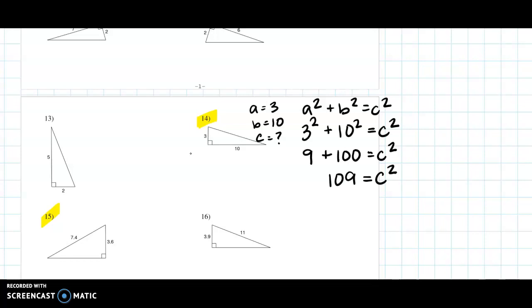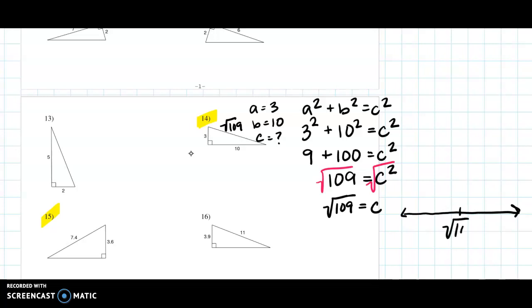To undo my square, I use the opposite operation. Do the square root of both sides. So c is equal to the square root of 109. I can leave it just like that, or I can estimate it. Let's think about the perfect squares that are close to 109.